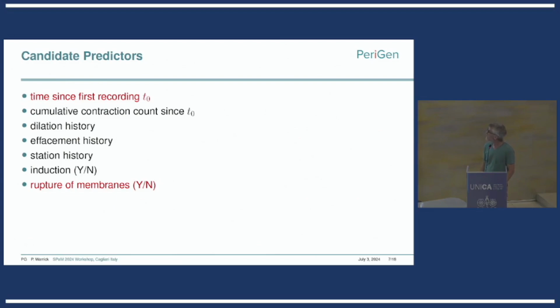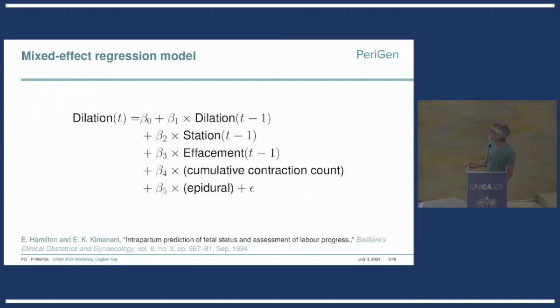It seems that the cumulative contraction count was enough, and also the rupture of membrane status was not so useful, perhaps because we were only looking at the last 24 hours of labor, and rupture of membrane could have happened earlier, or it simply was not sufficiently predictive. We haven't explored that, but these 5 predictors were our final set.